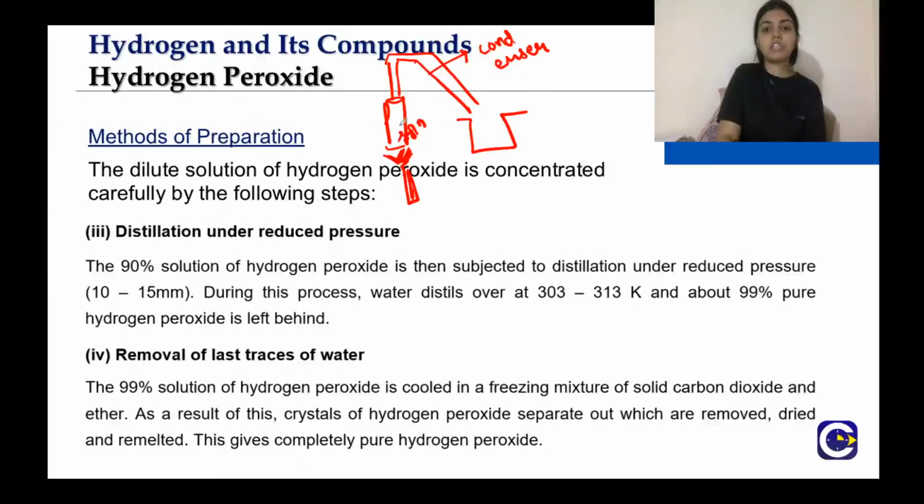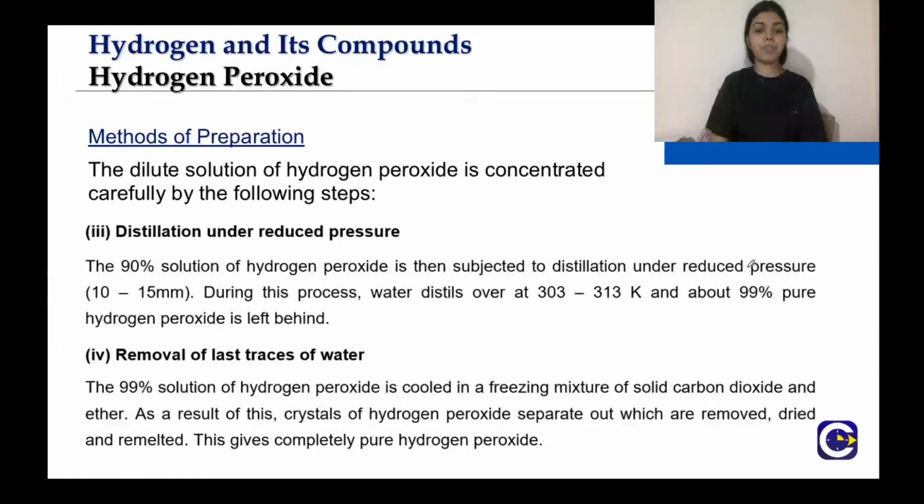Now this solution contains both water and peroxide. Because water is having a lower boiling point than that of H2O2, it will evaporate first. Now when it evaporates, it will condense because of the condenser, and the water droplets are collected here, right, while the H2O2 remains in the solution. So from 90% you can achieve 99% by distillation under reduced pressure.